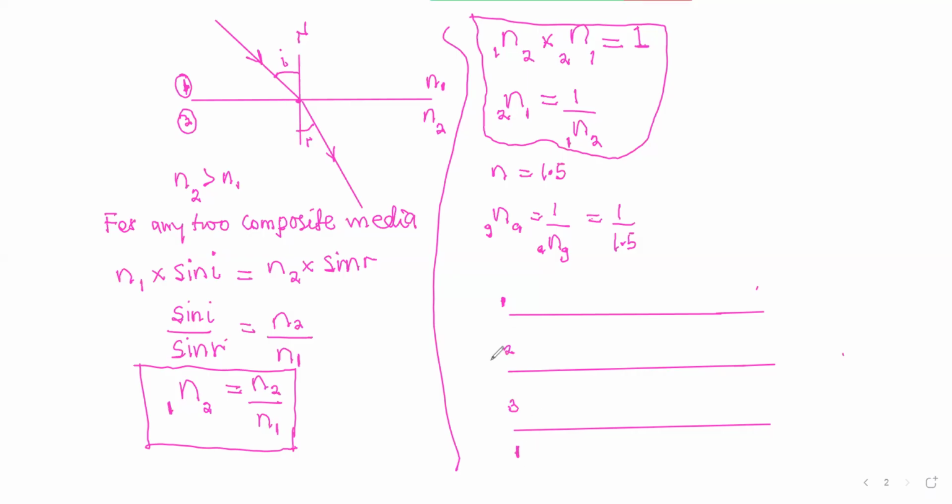So we are actually dealing with 3 media. The light is incident in air, then water, then glass, and it is emerging into air. The light is finally coming out into the air.